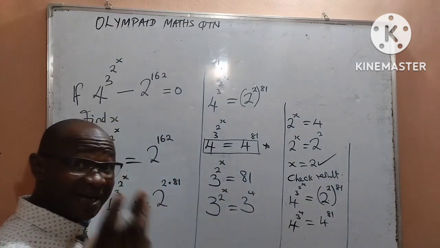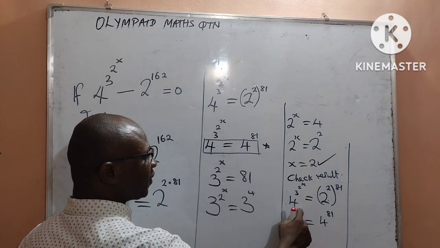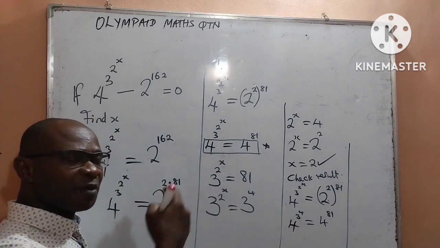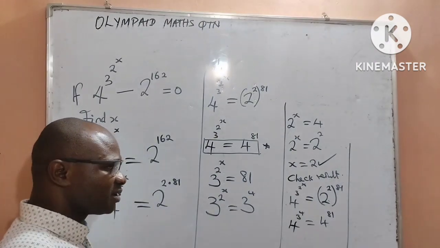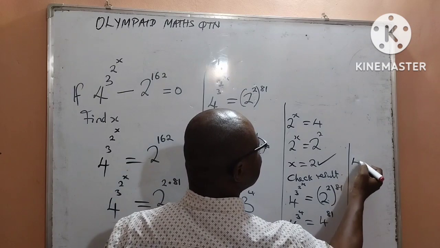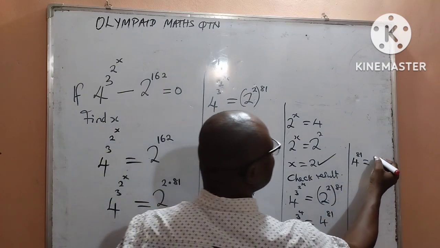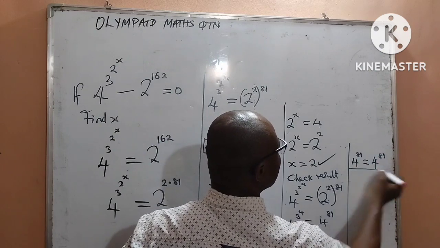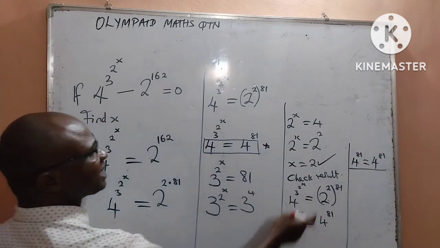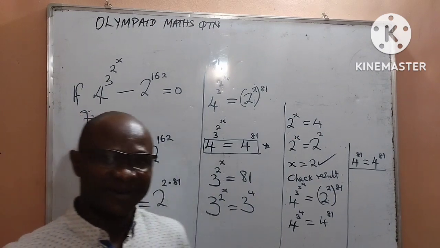Now, we want to see that our answer is very correct. 3 to the power of 4 is 3 multiplied by 3 multiplied by 3 multiplied by 3, 4 times, which is 81. That implies that it is 4 to the power of 81, and from the right is also 4 to the power of 81. We can therefore say that our answer, which is x equal to 2, is 100% correct.